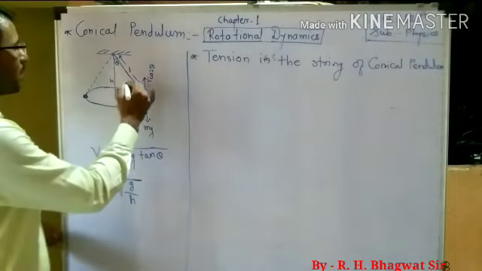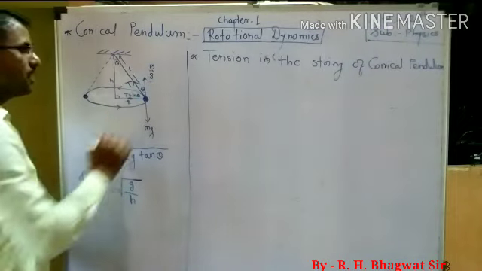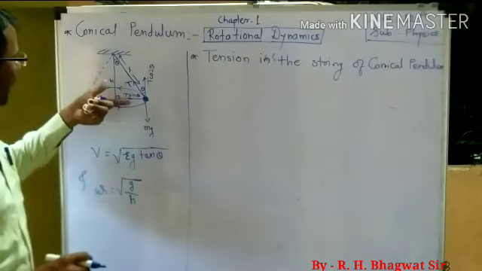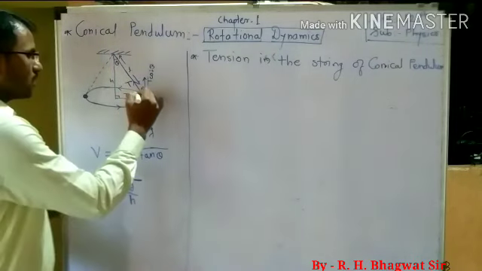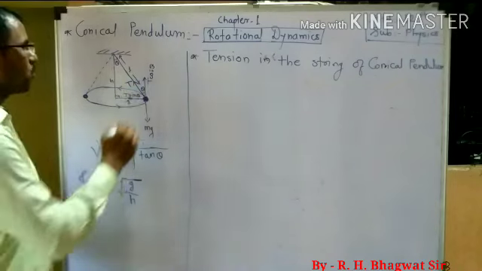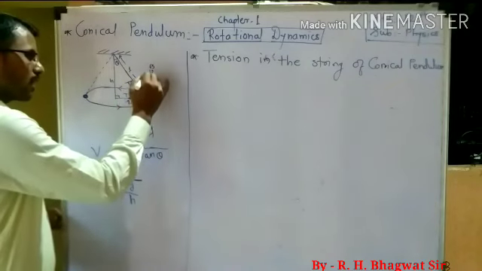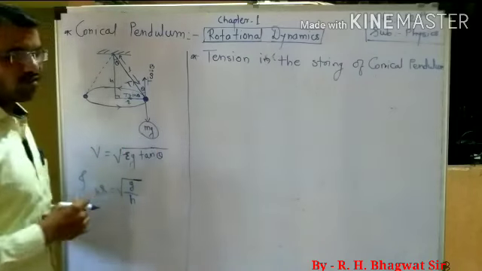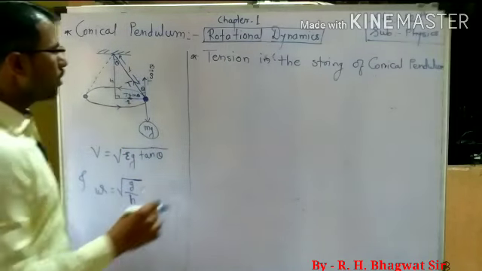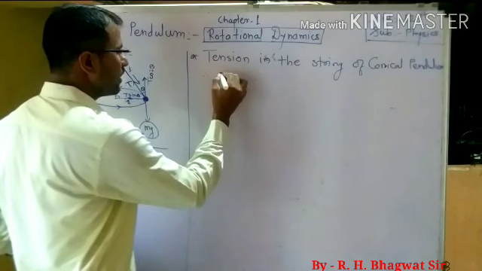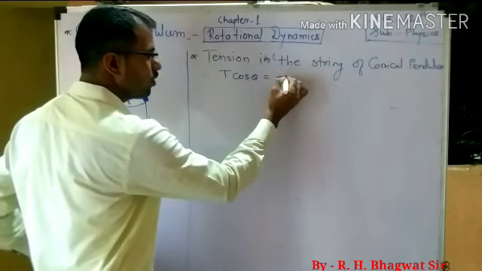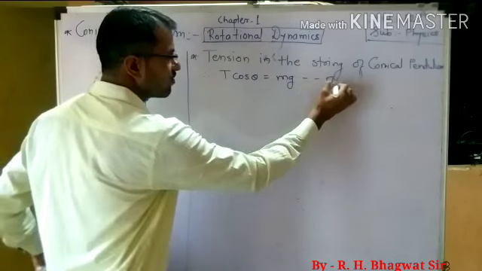We are going to calculate this capital T, that is, the tension in the string. For that, consider the vertical and horizontal components of tension. Here, the vertical component T cos theta balances the weight of the bob. Therefore, we can write the first condition, T cos theta is equal to mg, equation number first.